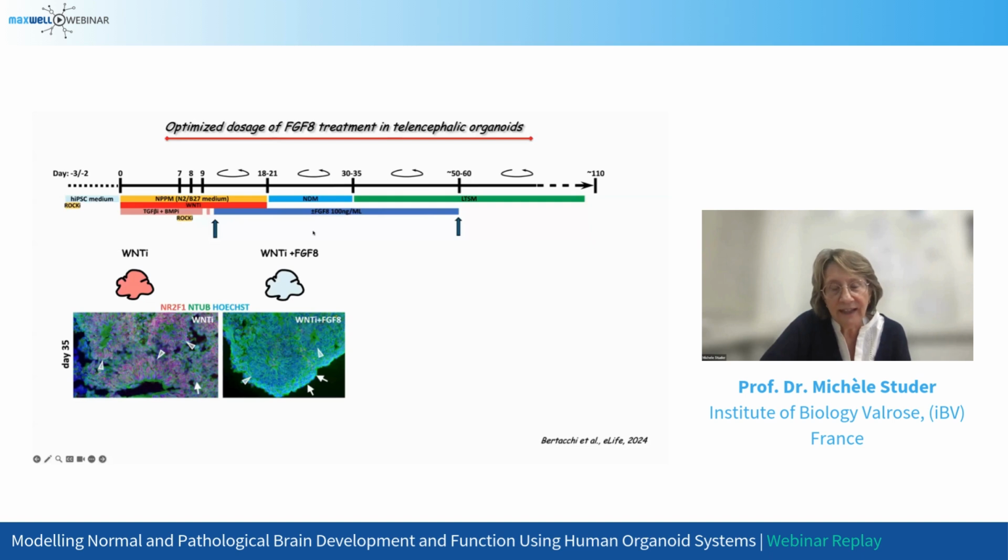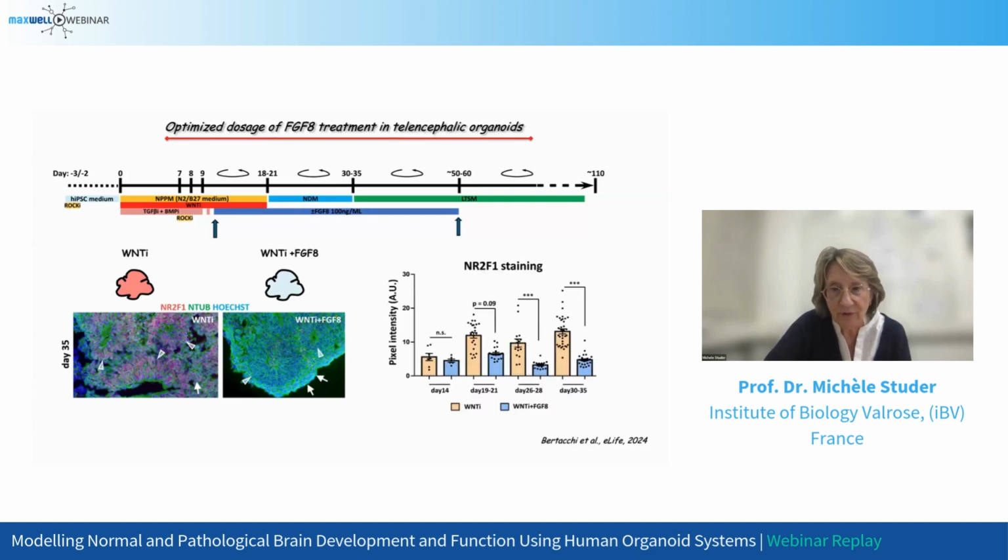And we obviously tested the efficacy of FGF modulation, and we found that most of the FGF targets were overexpressed, but importantly also one of the top direct targets, NR2F1, was nicely inhibited in our rosettes, in progenitors, but also in neurons. And importantly, this was maintained during culture.